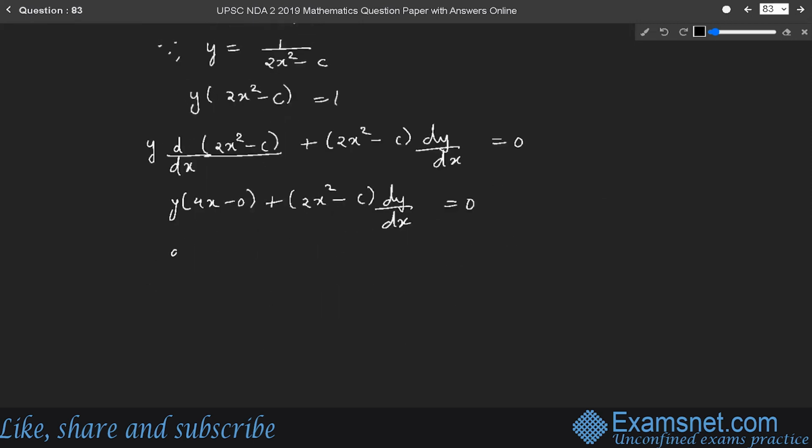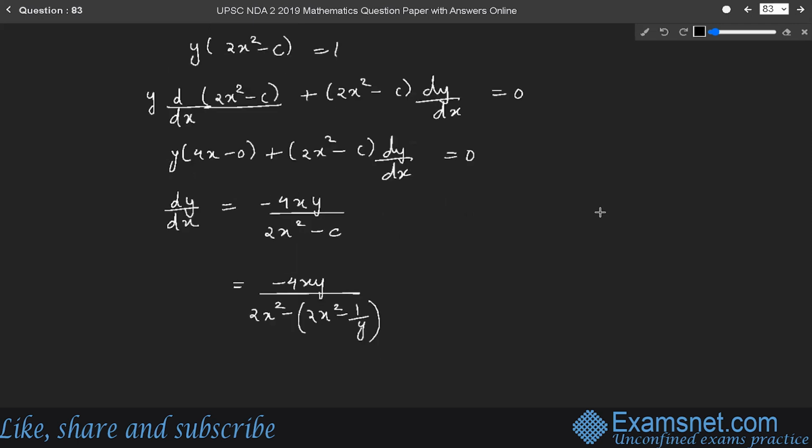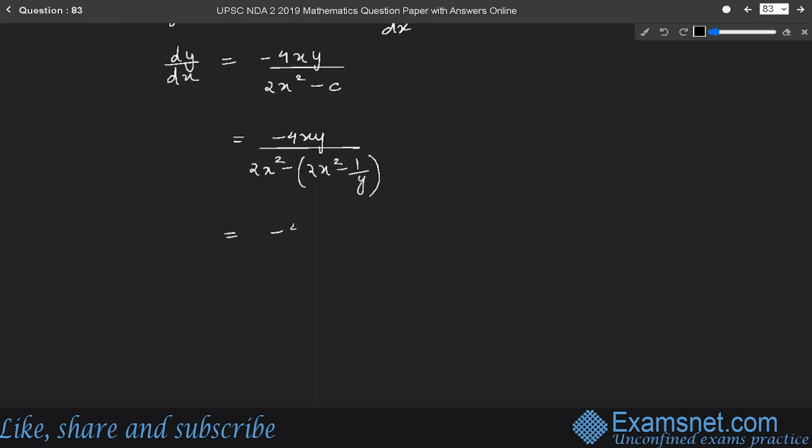Therefore, we can say that dy by dx will be equal to minus 4xy divided by 2x square minus c. It will be equal to minus 4xy divided by 2x square minus 2x square minus 1 upon y. On further solving, this will be minus 4xy divided by 2x square minus 2x square plus 1 upon y. So it will be minus 4xy divided by 1 upon y, which is equal to minus 4xy square.